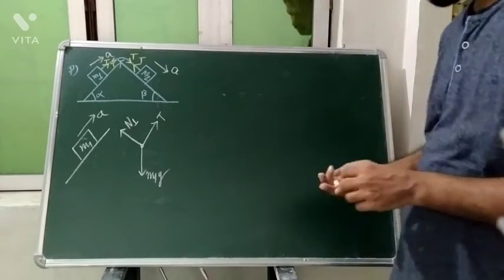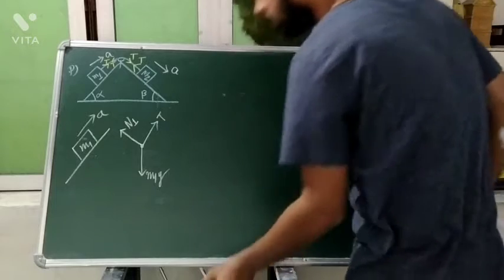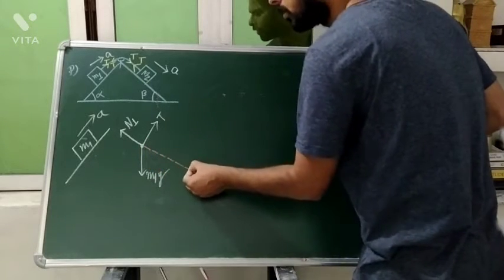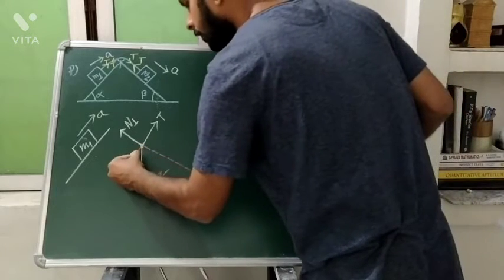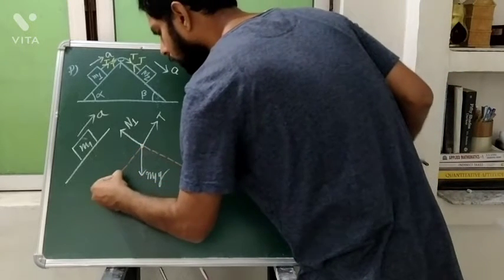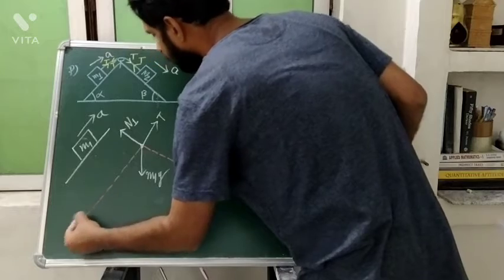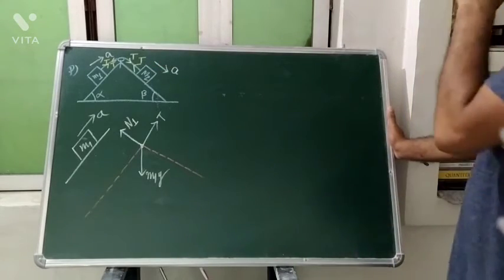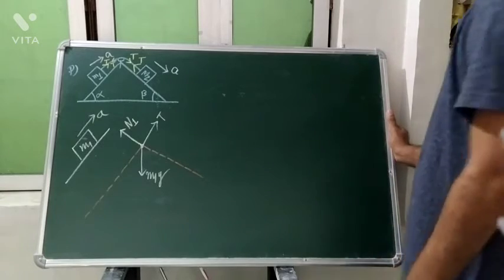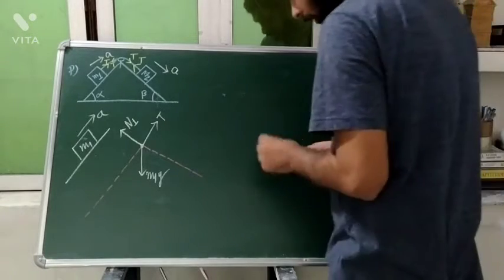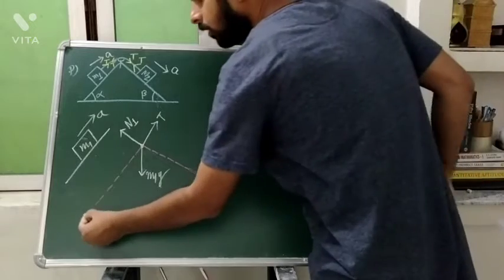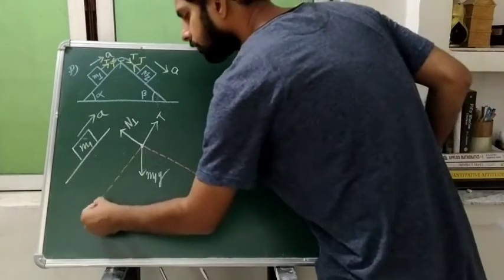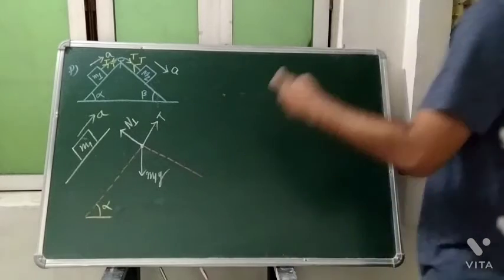Our next task, student, will be to resolve these forces perpendicular to the contact surface and along the contact surface. You can see that this inclination is making angle alpha with the horizontal.